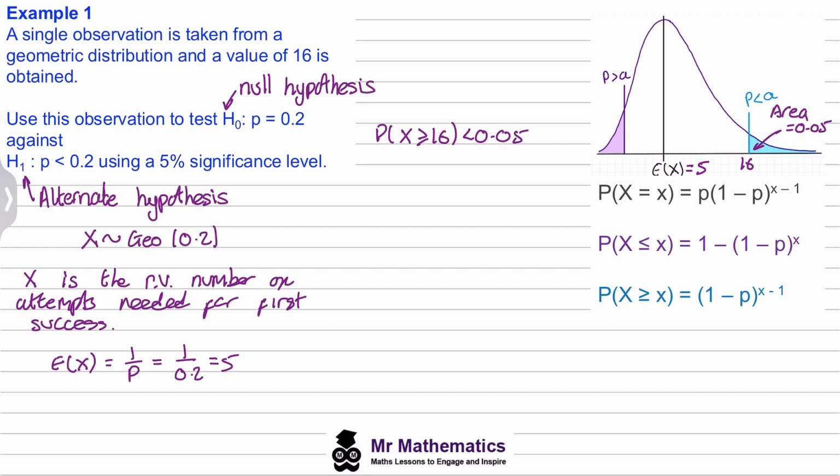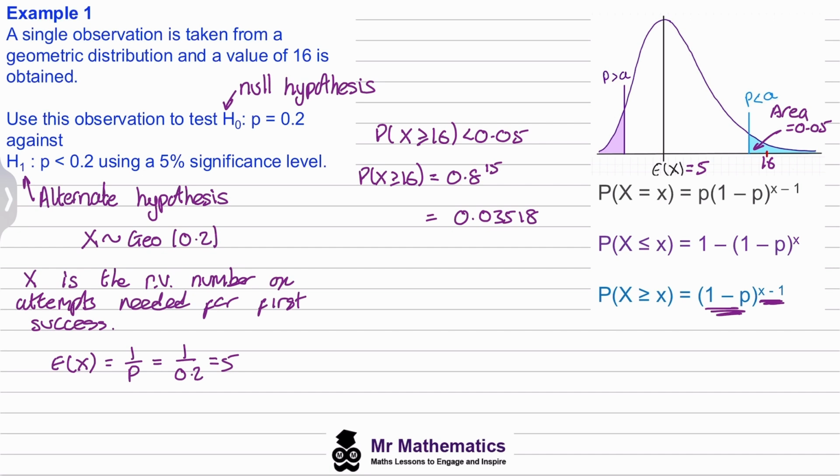And we can use this equation to work out that probability. So the probability of X being greater than or equal to 16 will be (1 minus p), so 0.8, to the power of x minus 1, and 16 minus 1 is 15. And we can work this out, and we get 0.03518. So that means the 16 would fall inside this region, so it'll be about here somewhere.